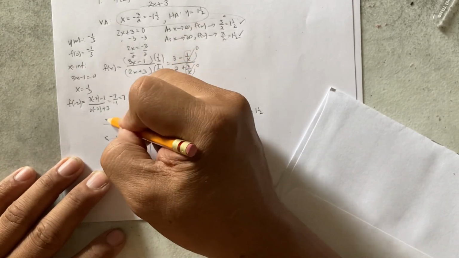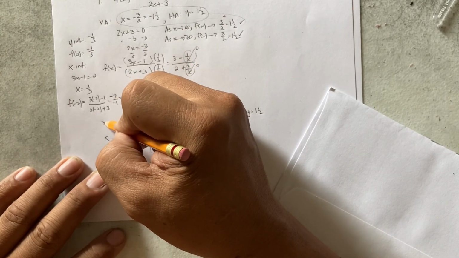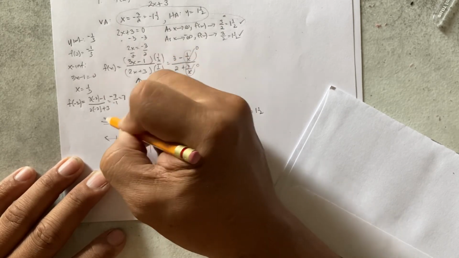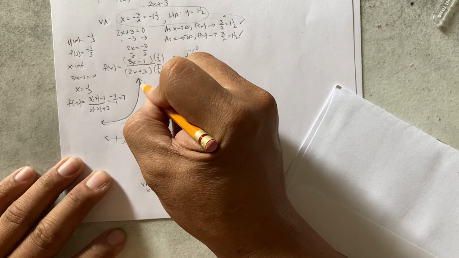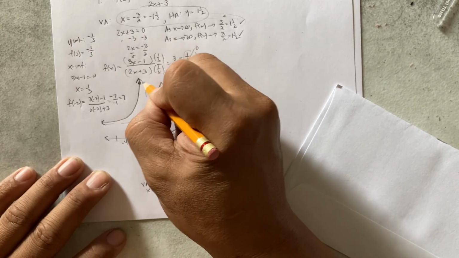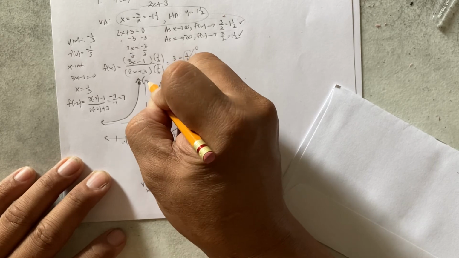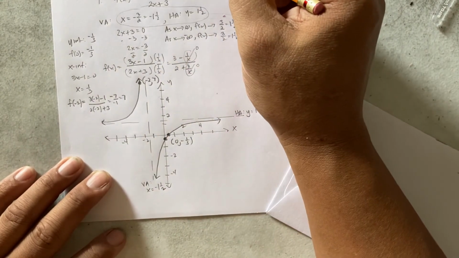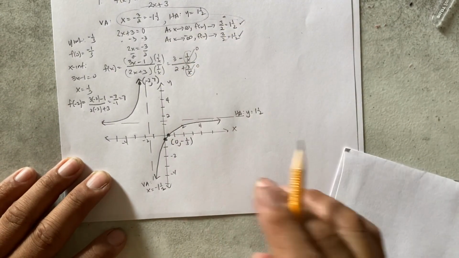There's no room here, and the graph always approaches your asymptote, so I'll make it approach the asymptote. I know it's not drawn to scale, but somewhere here I'm going to mark the point negative 2 comma 7. This takes care of the point on the graph, the last part we had to find.